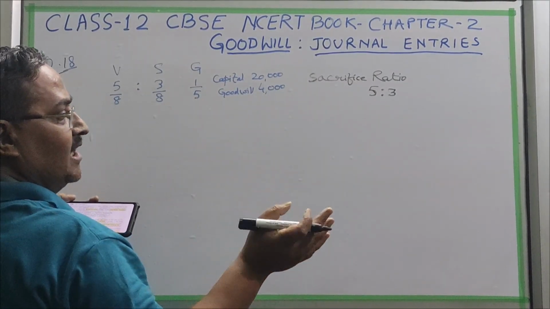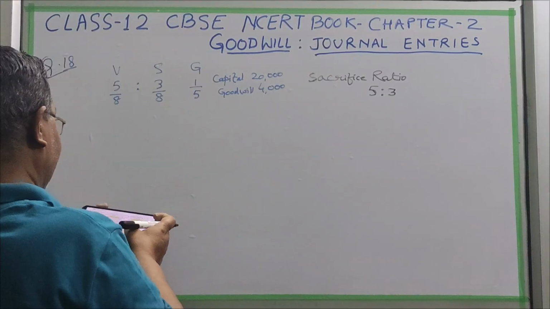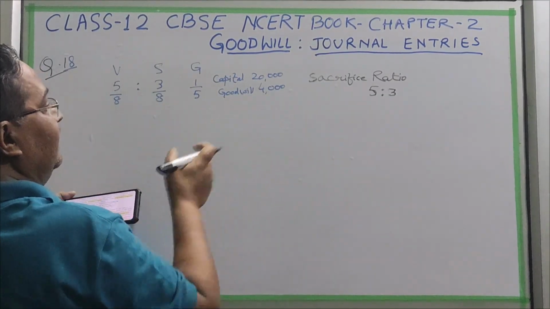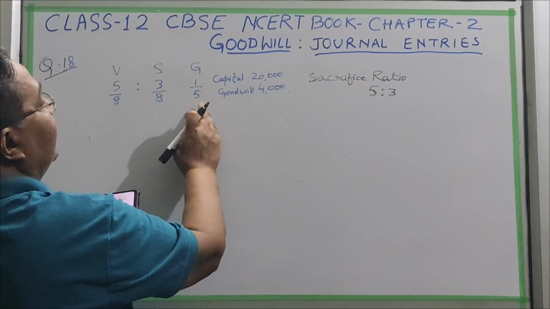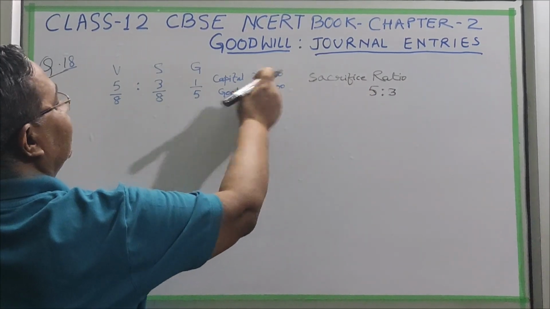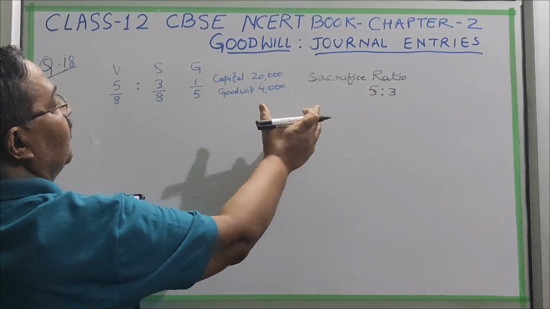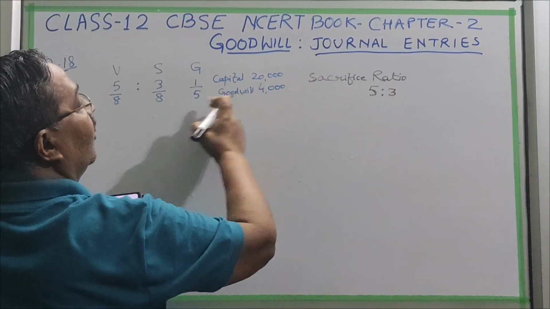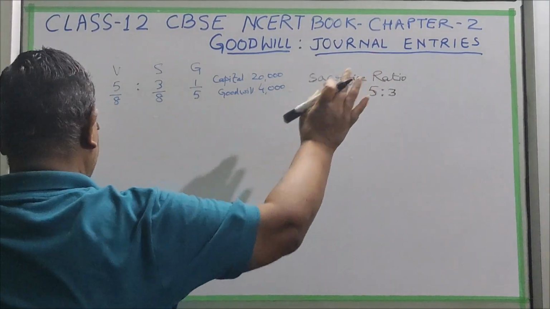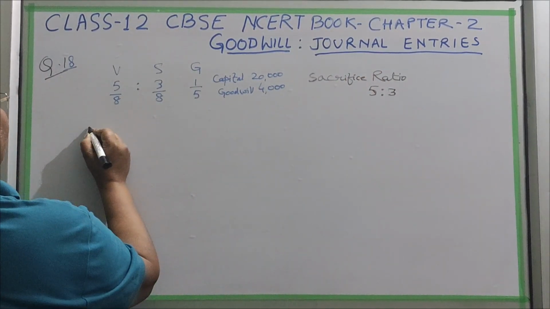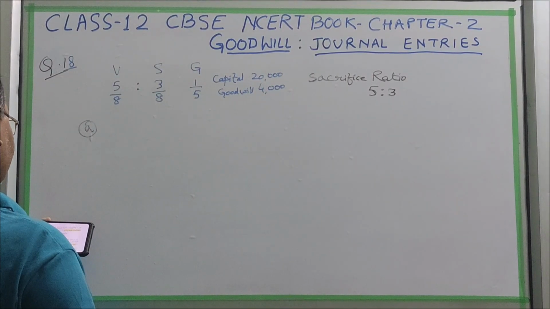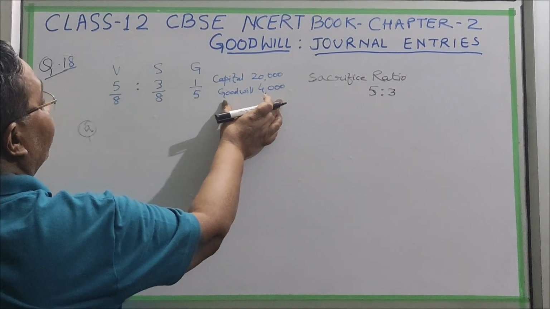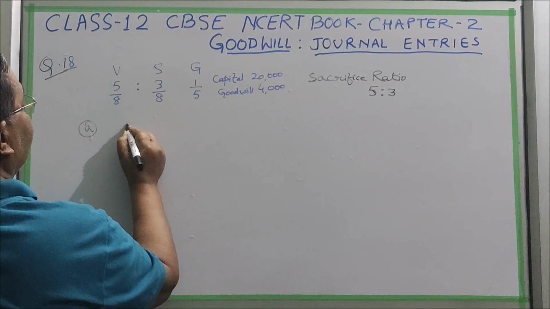Here it will automatically be 5:3, because the question does not say from whom Ghosh is acquiring. You can write this line: as it is not given, the old PSR is the sacrifice ratio. Now question A, when the amount of goodwill is retained in the business. When this money is coming in, bank account debit.